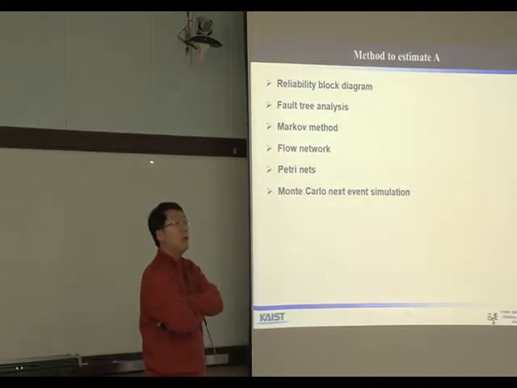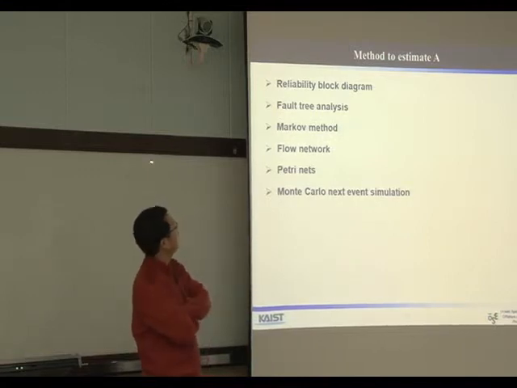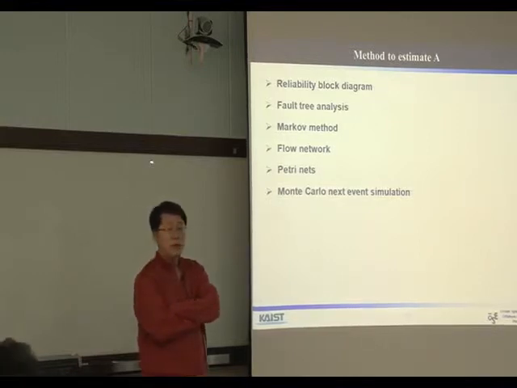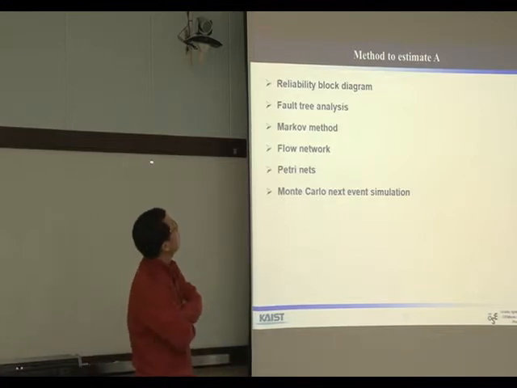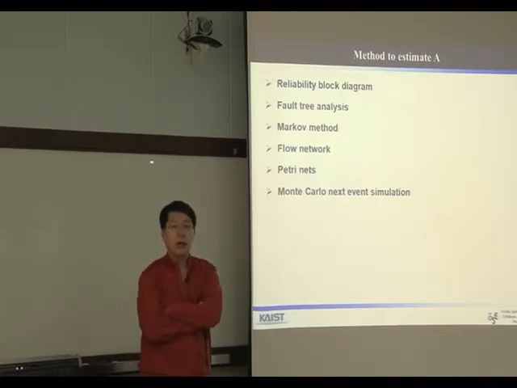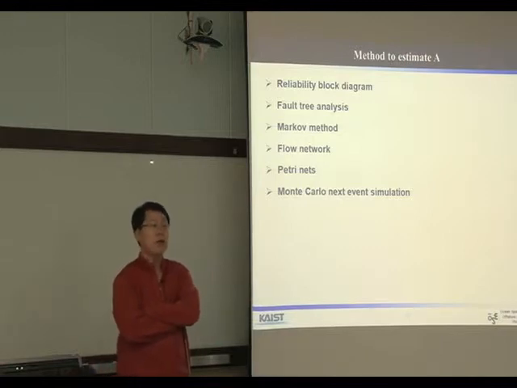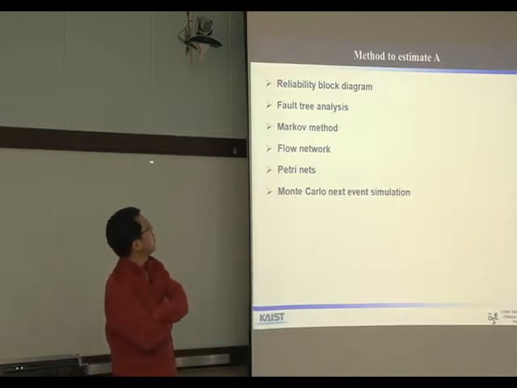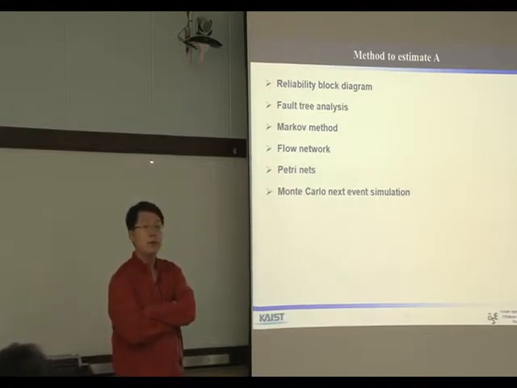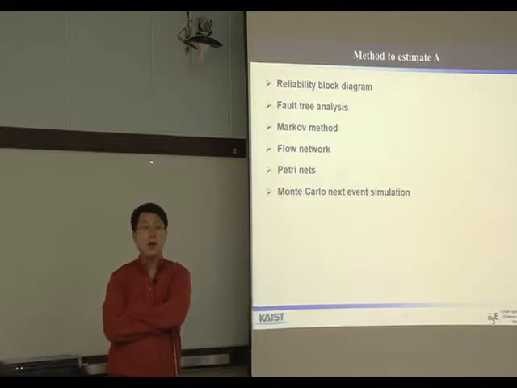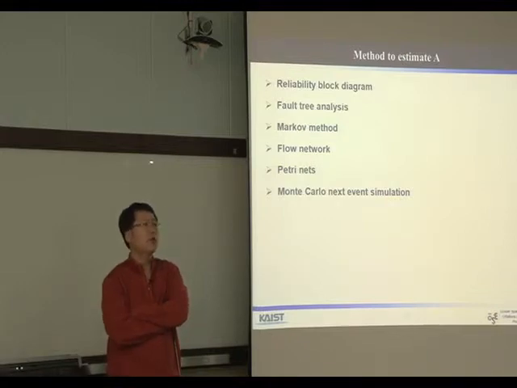How to estimate availability? First is reliability block diagram, fault tree analysis, Markov model, flow net, Petri net, Monte Carlo next event simulation. With a block diagram, we can estimate the reliability of a block diagram. Fault tree, Markov method, but as you already learned, Markov expression can be complicated if the number of components is increased.